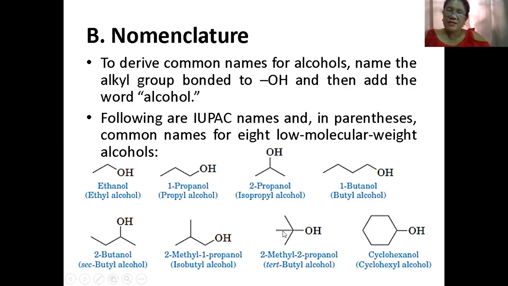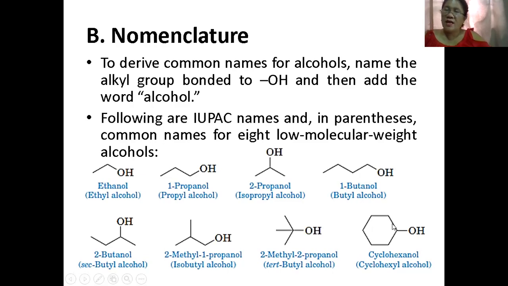Our OH here is on carbon 2. Therefore, it is propanol, and we also have methyl. So that is 2-methyl-2-propanol, and that is tertiary butyl alcohol for its common name. And this is a cyclo.